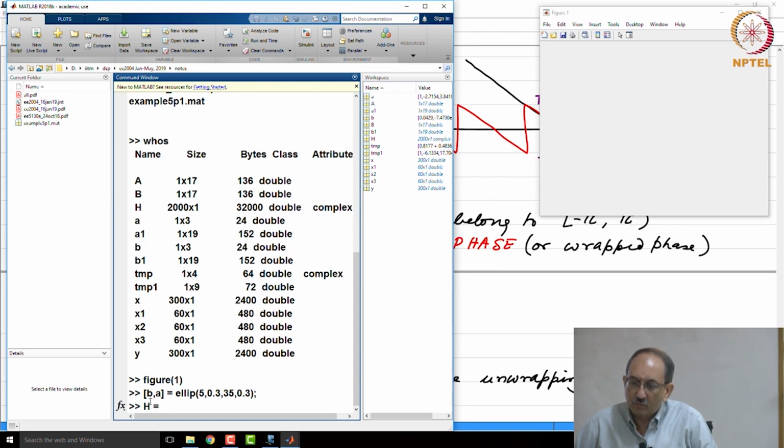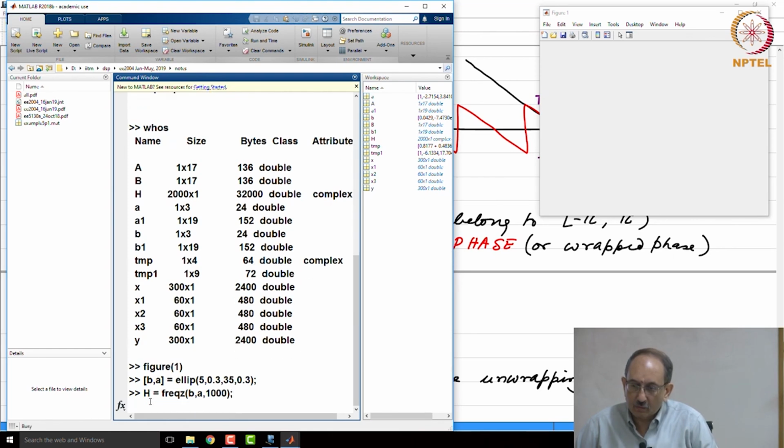So, let me now compute the frequency response, and I will compute this over 1000 points from 0 to pi. Now, what I am going to do is I am going to show the angle.